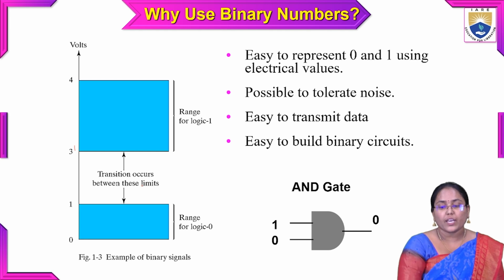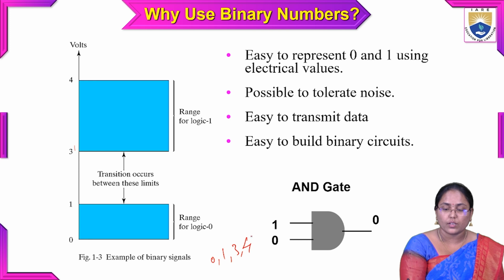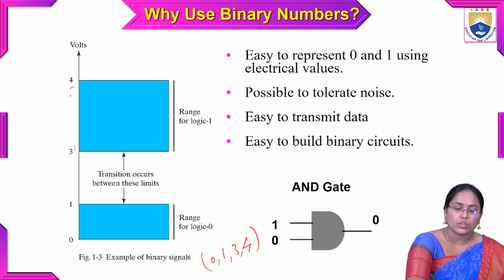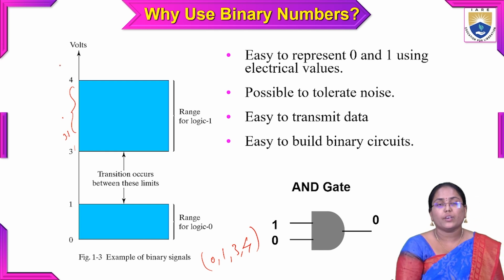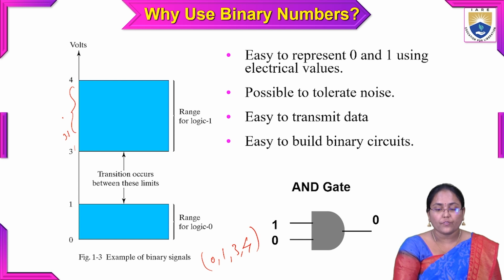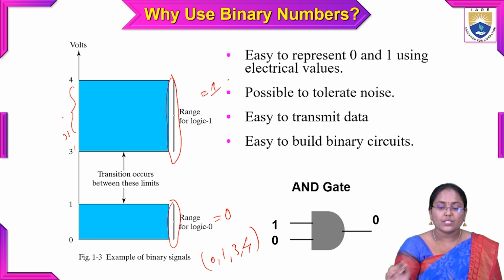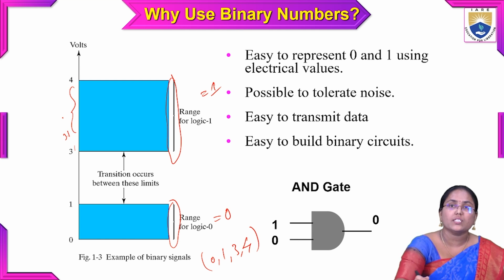If I have such a transition, instead of giving minute numbers, like 0, 1, 3, 4 and in between also getting more numbers, 3.1, 3.2, 3.3, 3.4, so that I should have all the numbers, it will be better if I assign all these lower numbers to 0 and all these higher numbers to 1. As you can see here, there is no change in this band.